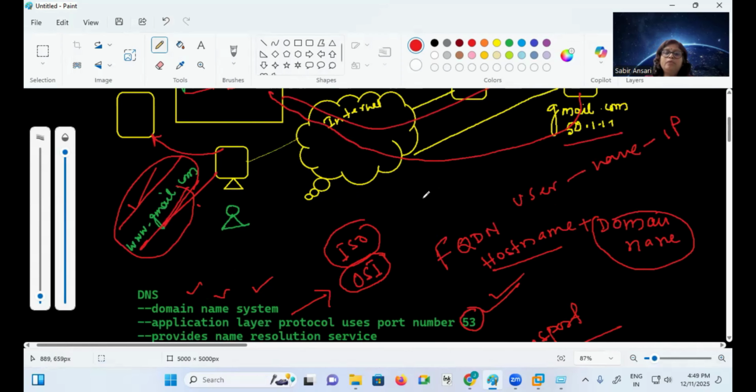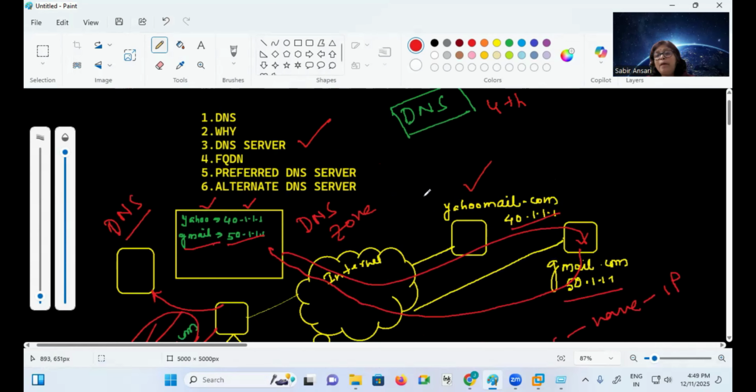Am I clear, everyone? So what is the benefit of having a DNS server? When we configure a DNS server in a network, the host who are going to access the internet server can easily access the server without knowing the IP address.